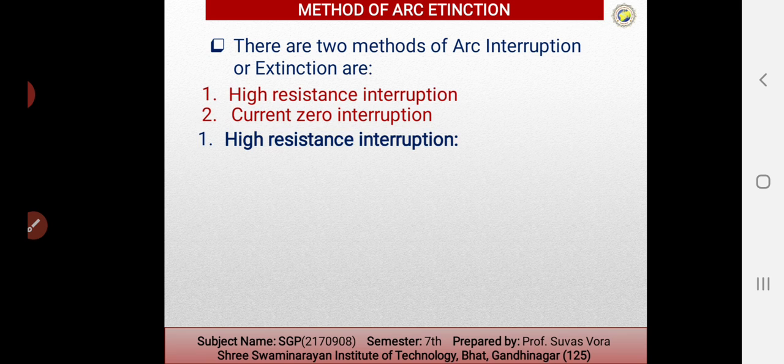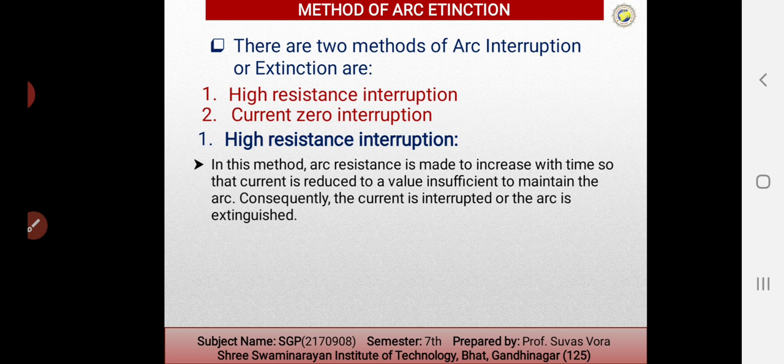So in the high resistance interruption method की जब हम बात करते हैं, by increasing the resistance of the arc path, the arc interruption can be obtained. So in this method the arc resistance is made to increase with time, so that the current is reduced to a value insufficient to maintain the arc, and consequently the current is interrupted or the arc is extinguished.